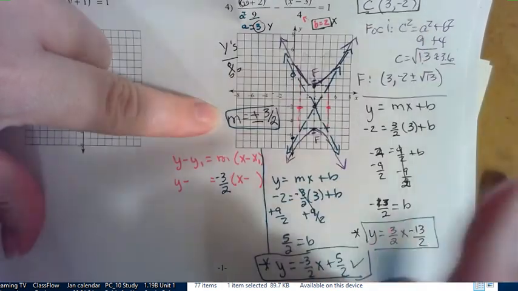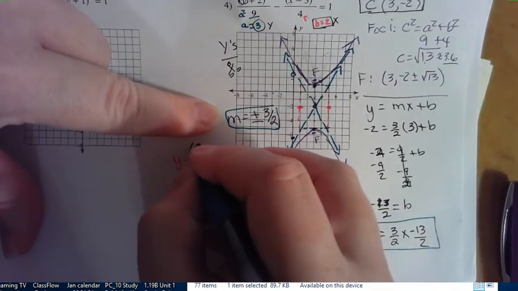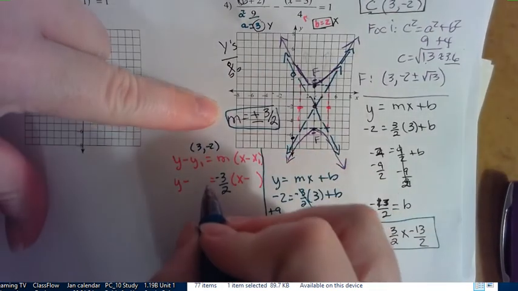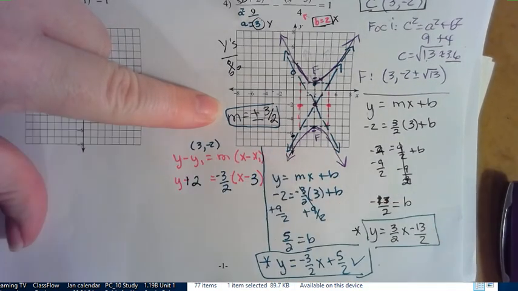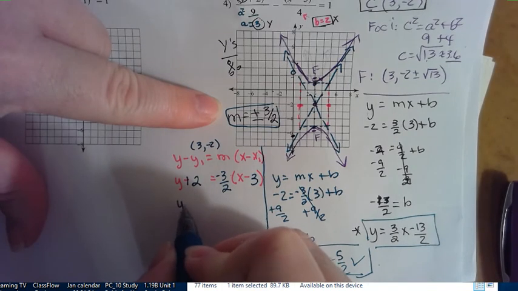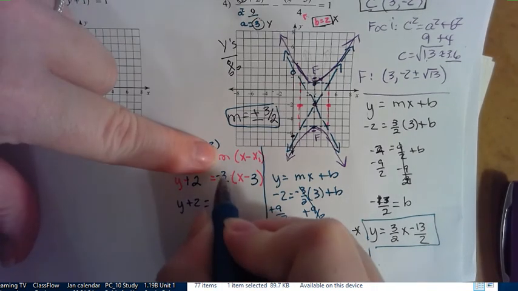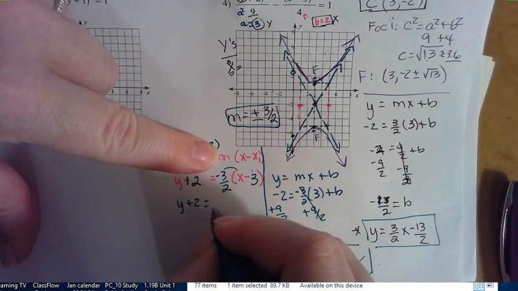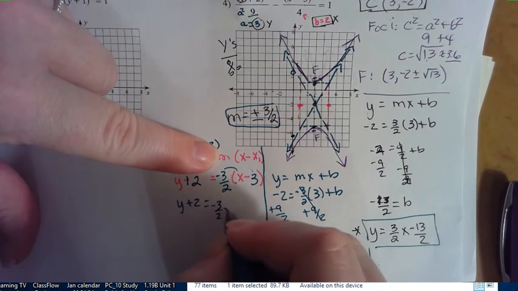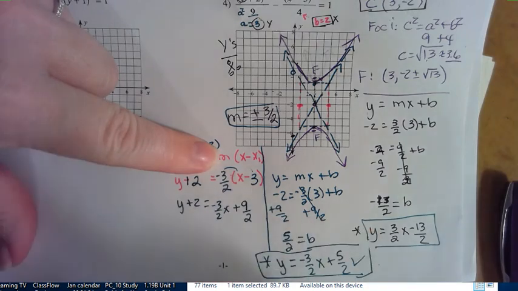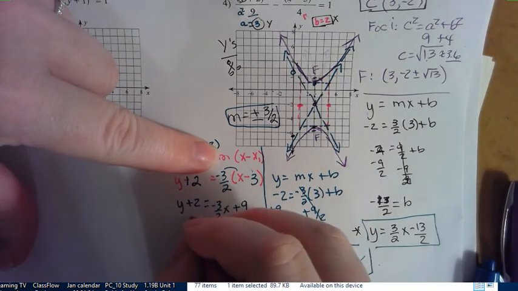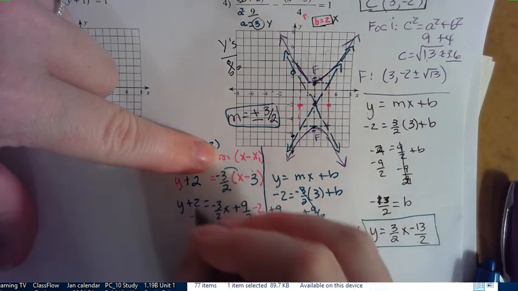It's 3, -2. So if my center is 3, -2, I'm going to write that in. This is going to become +2 minus 3. Now I'm going to take this and do y plus 2 equals multiply through, distribute, -3/2 x plus 9/2. Okay, subtract 2 from both sides.